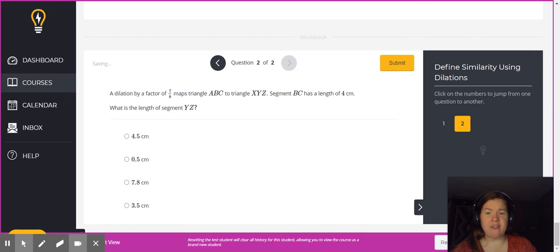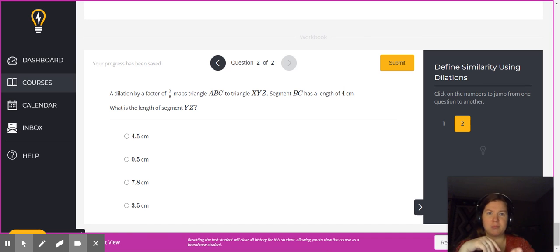A dilation of 7/8. Let me remind you about multiplying by a fraction, because that's the scale factor. We multiply whatever the length is by that scale factor. So 7/8 multiplied by 4. If your brain's going, I can't do this, what you do is divide by the denominator and multiply by the numerator.